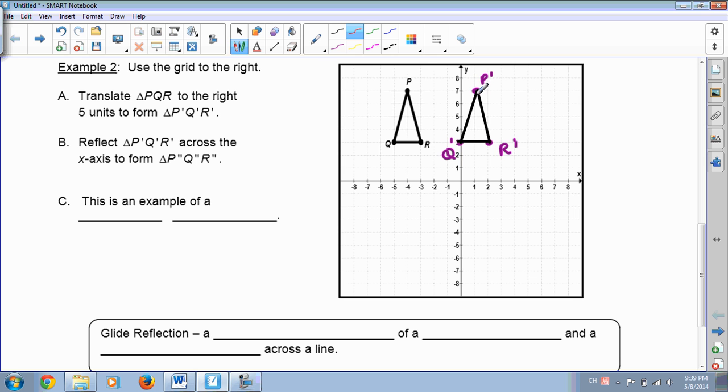So P is 7 units above the x-axis, so now it's going to be 7 units below the x-axis. That's P prime. R is 3 units above, so now it's going to be 3 units below. R prime prime, and Q is 3 units above, so it's going to be 3 units below as well. Okay, let's connect this to make our triangle.